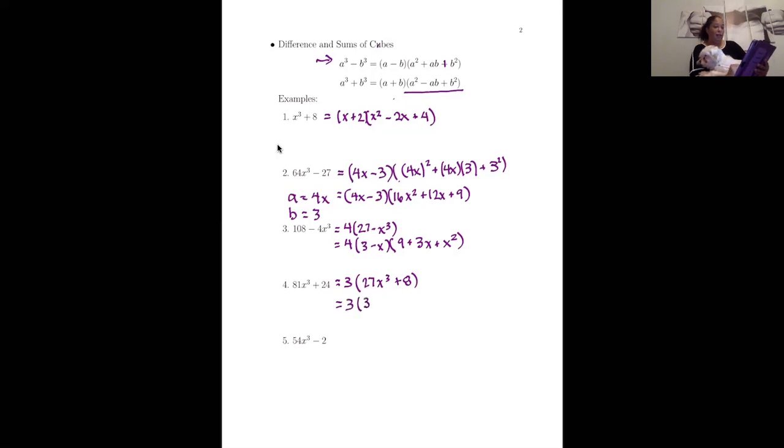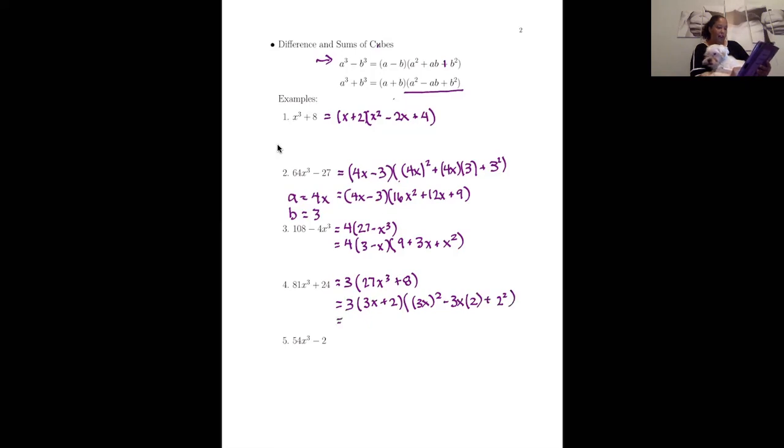So I have a 3x plus 2. And then I have a 3x squared minus 3x times 2 plus 2 squared.